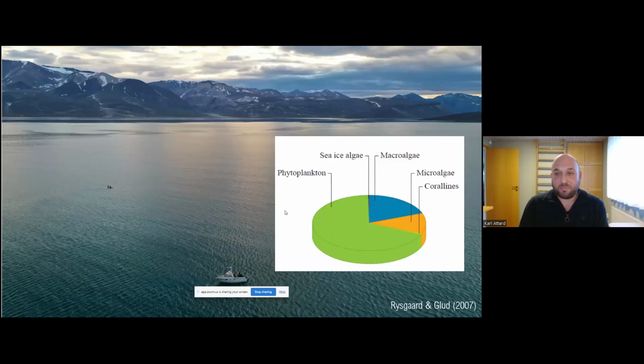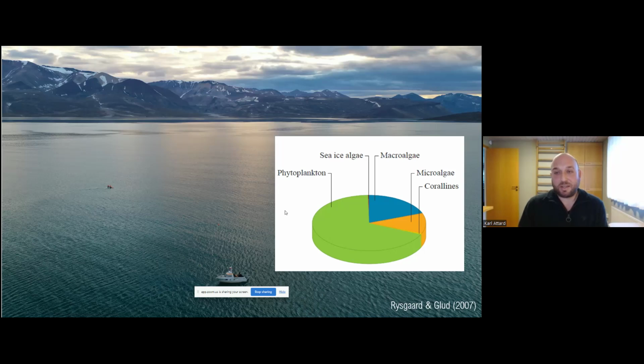So there are some studies that have tried to put together the production by the different known sources. This example is from Young Sound in Northeast Greenland, where we do quite a lot of our work as well. And the case studies are few and far between, I would say. The ones that actually do comparisons between phytoplankton, macroalgae, and microalgae.